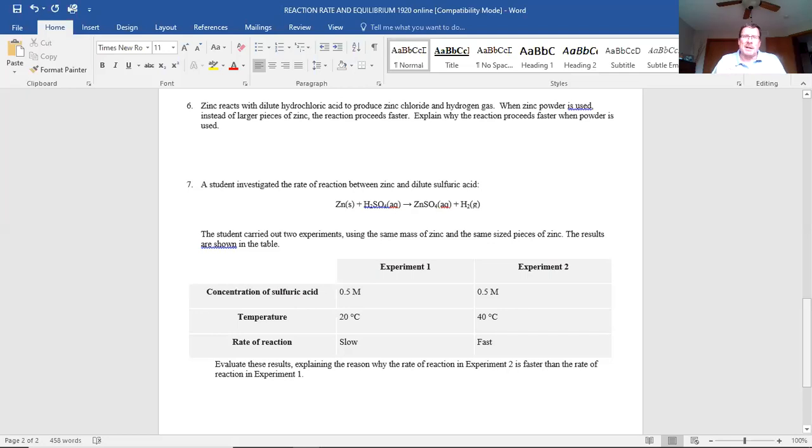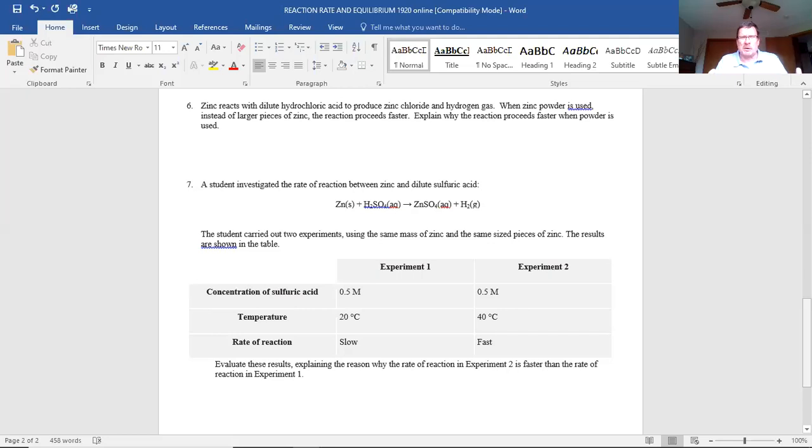So on this one, it went faster with the zinc powder because it had much more surface area and greatly increased the opportunity for the particles to collide at the appropriate energy and orientation.